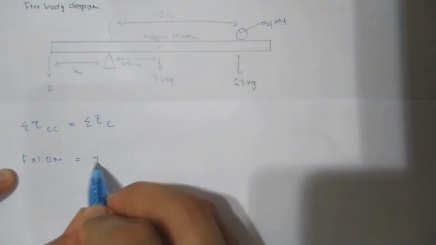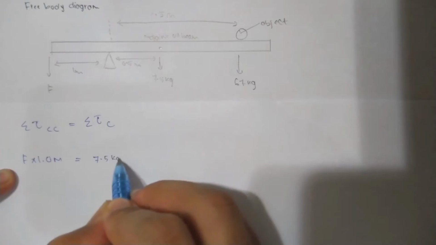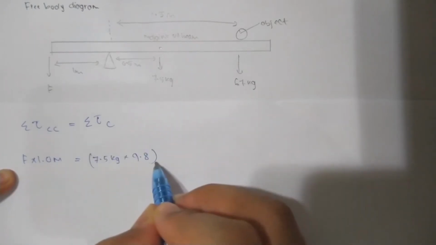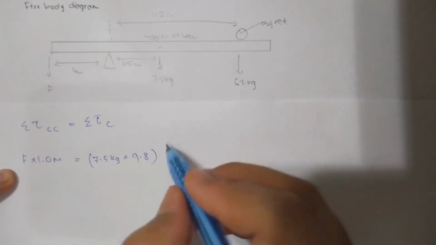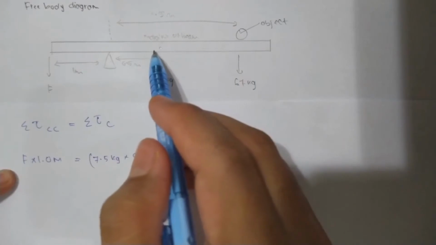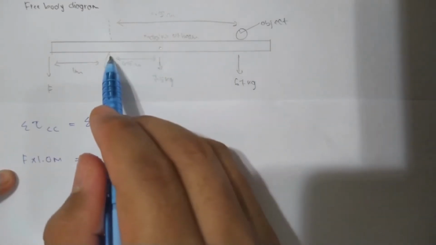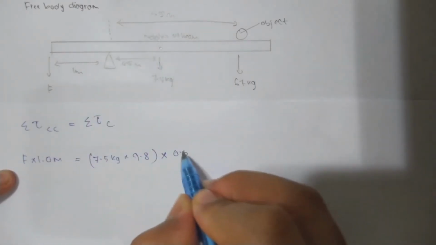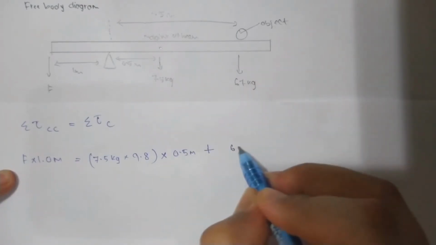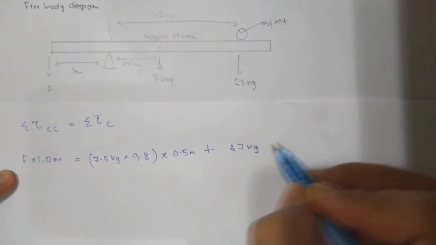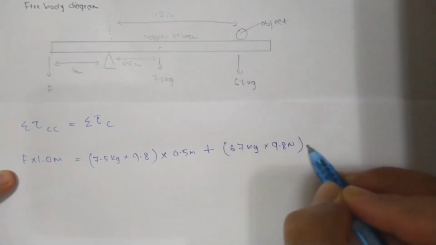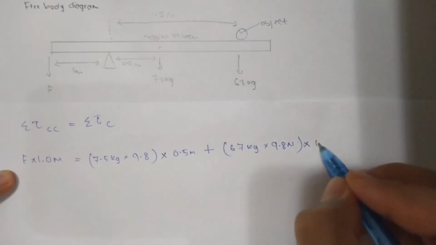First, we have 7.5 kilogram times 9.8, which we use to convert kilogram to Newton, times the distance from the midpoint of the beam to the fulcrum, 0.5 meter, plus 67 kilogram times 9.8 Newton times the distance of 1.5 meter.